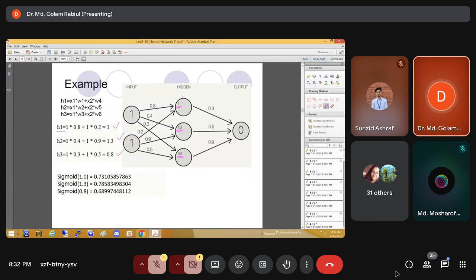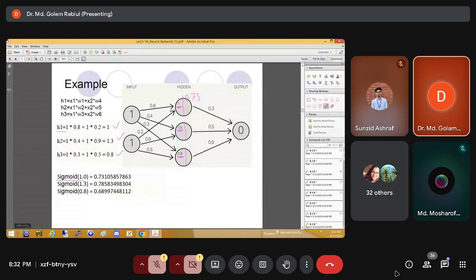Now we have to determine the hidden results. Just pass h1 to a sigmoid function. Sigmoid of 1 is 0.73, which will be our hidden result.